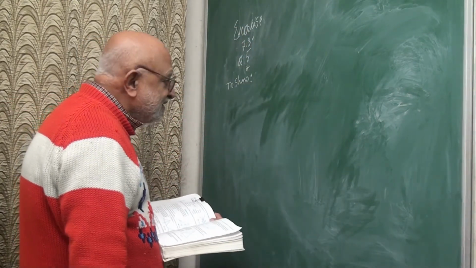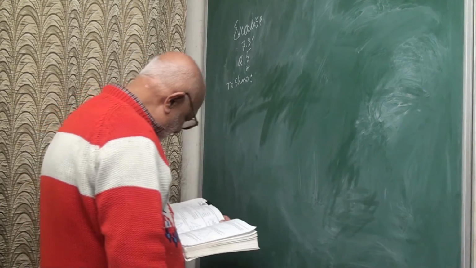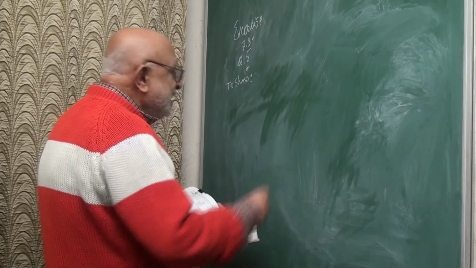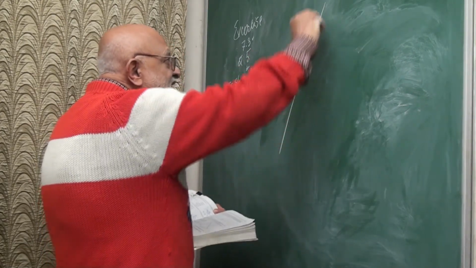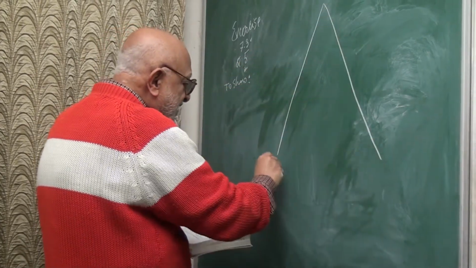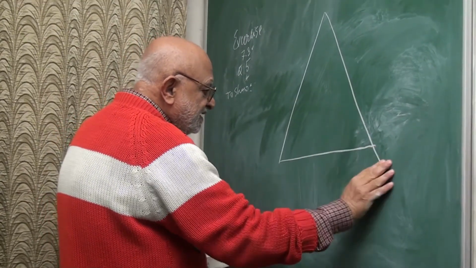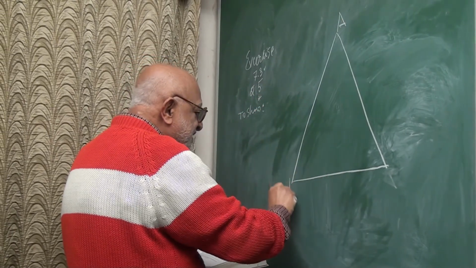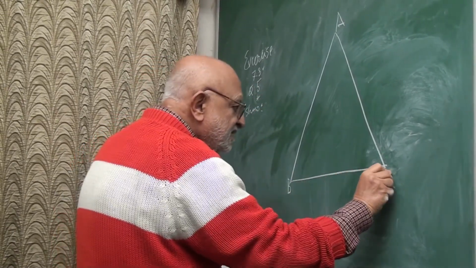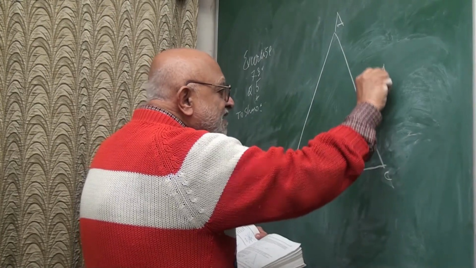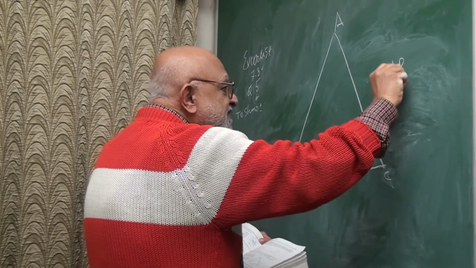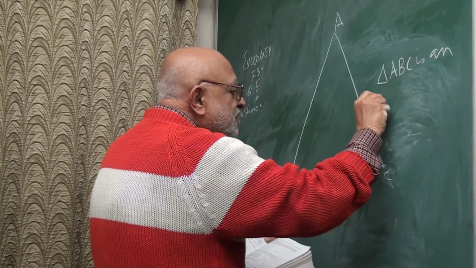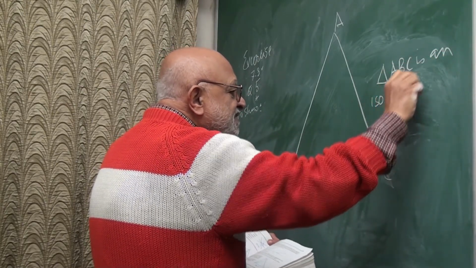And this exercise is a little bit funny, but we will do it because it already says that triangle ABC is already an isosceles triangle.